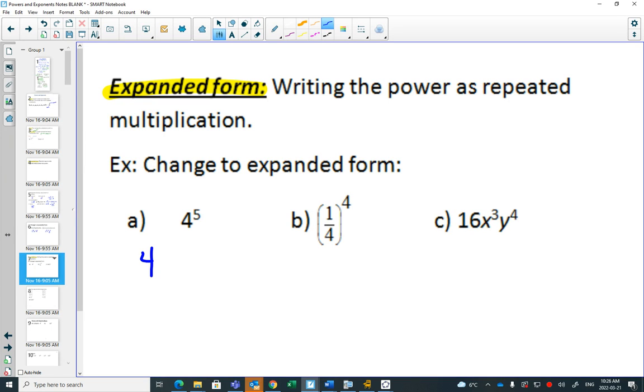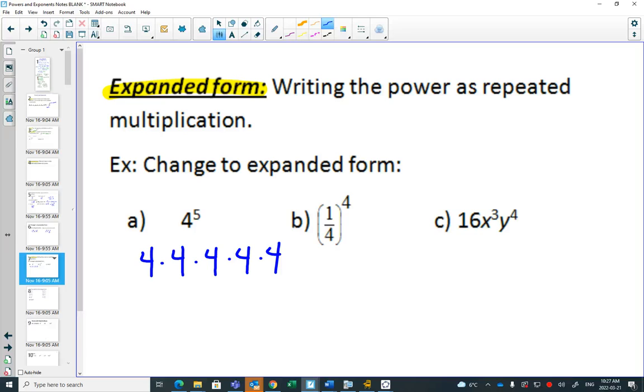So this one would be 4 times 4 times 4 times 4 times 4. And you notice we start using the dot for multiplication more now instead of an x, because we've learned polynomials and we're getting more into higher level algebra, and now the x is starting to be a variable more than multiplication. Okay?